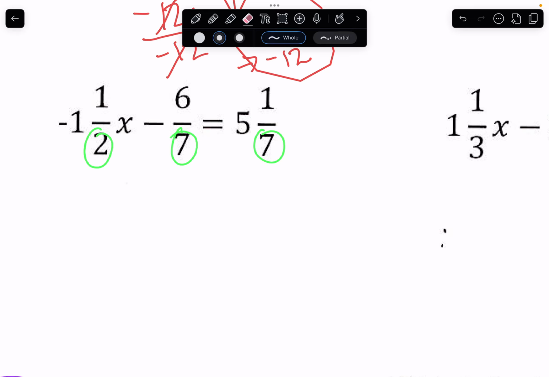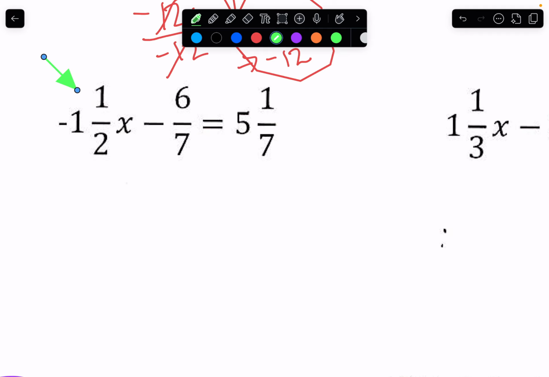All right, so we're going to need to multiply by something to get rid of the 7 and the 2, right? Okay, so I'm just going to turn this fraction right here into a mixed number to make it easier.